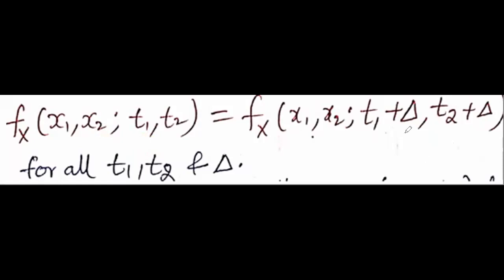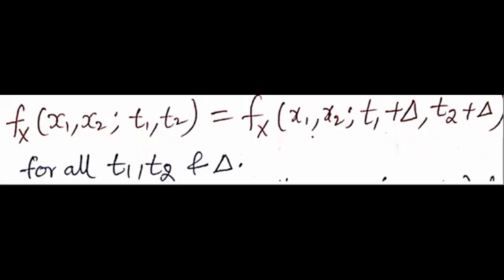So see here, these are the time constants. That is, delta is going to be added with the t1 here, and here the delta is going to be added with the t2 here. Right? There is no dependency on absolute time. Right? But it is going to depend on only the time differences, that is t2 minus t1.